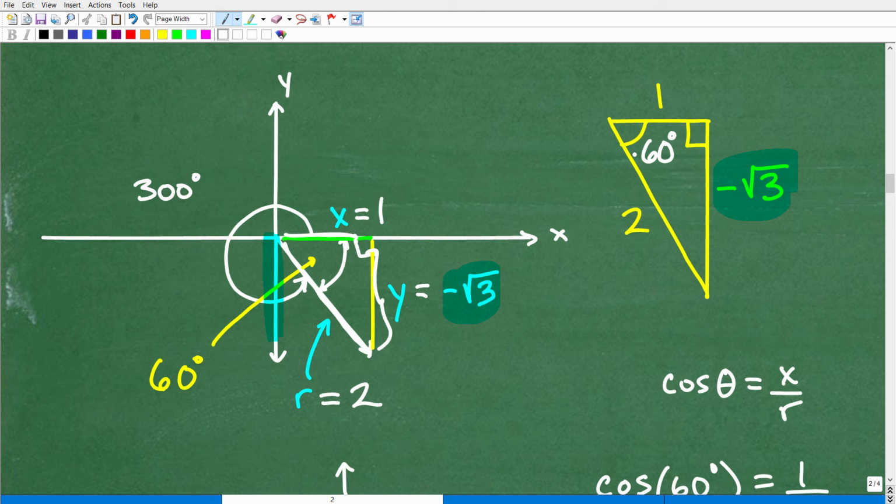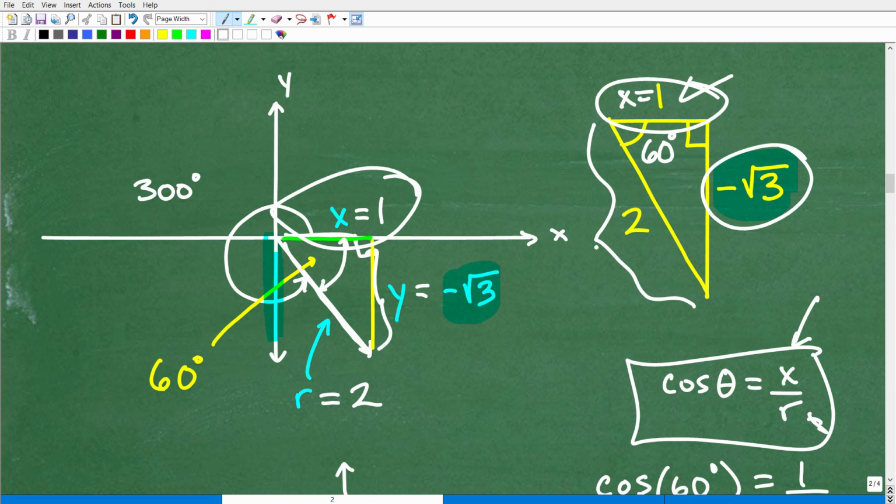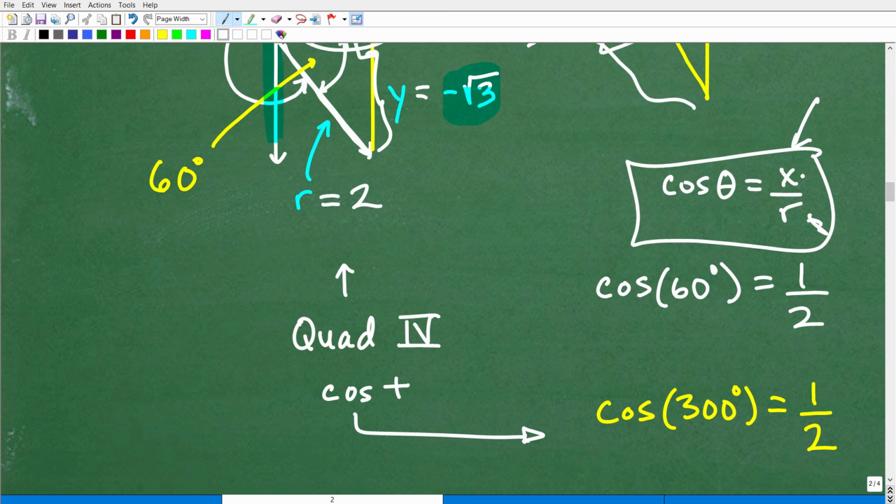All right, so now remember cosine is going to be x over r. So what's x? Well, x is 1, because this is along the x-axis, and then r is the hypotenuse right here. Of course this would be y, but we need x and r to get the cosine. So cosine is x over r, so that would be 1 over 2, or 1/2.